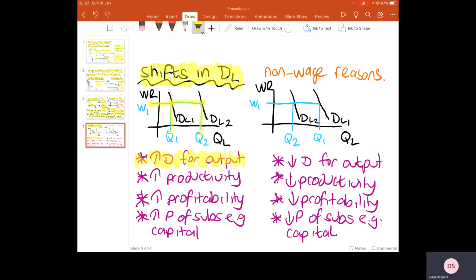Now, a second reason is a growth in productivity. Now remember, to work out productivity of workers, it's the output produced in a given time period divided by the number of workers. Now think about what this means. If workers were to become more productive, so this could mean they've got better human capital, and all we mean by that is they've got better skills, they've got higher qualities about them, then what it would mean is for the same wage rate, we're going to get more output from our workers.